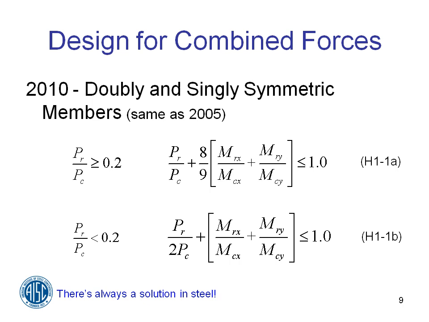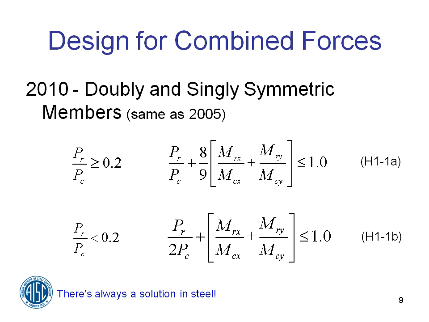So if you look at slides 10 and 11 in your handout, you'll see the definitions of these things. Let me just stay at this slide and point out that PR is the required axial strength, and it's either LRFD or ASD, and P sub C is the available axial strength, and again, either ASD or LRFD.